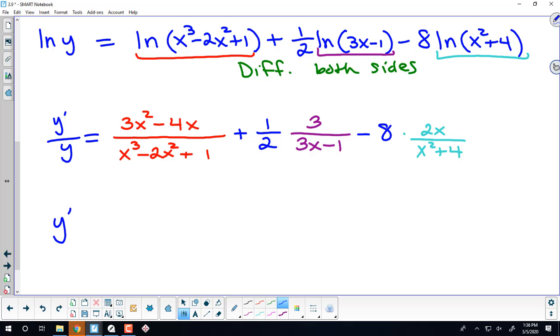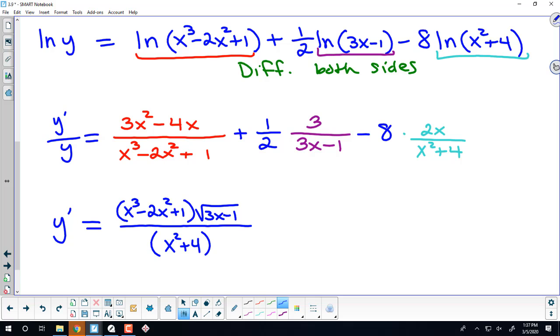So we're going to multiply all of this by the original function, which was x cubed minus 2x squared plus 1 times the square root of 3x minus 1, all over x squared plus 4 to the 8th. So we've got to multiply by all of this. We could clean a couple of these up a little bit, but that's the basic idea.